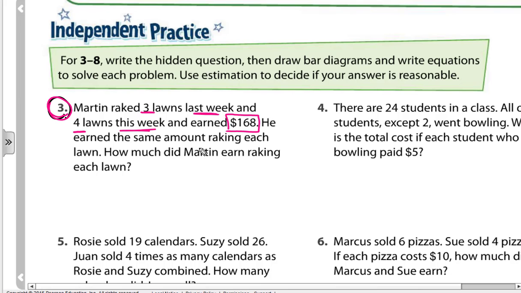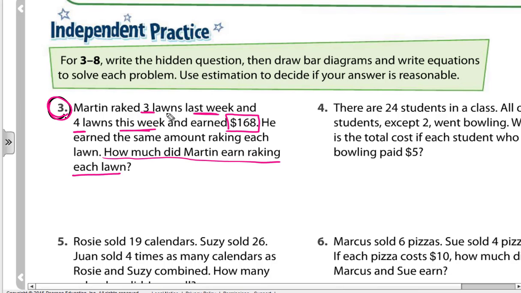He earned the same amount of wrecking each loan. How much did Martin earn wrecking each loan? So this is the main question. To solve this question, we should find first the total number of times he wrecked a loan.